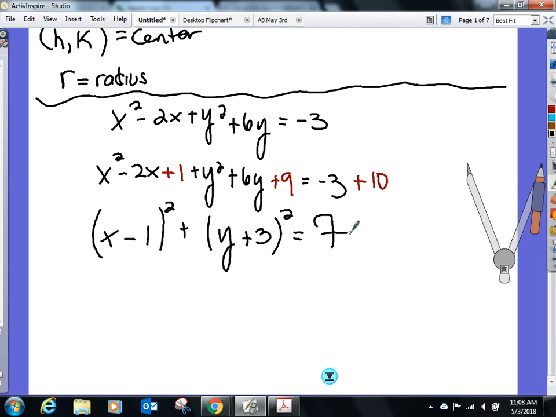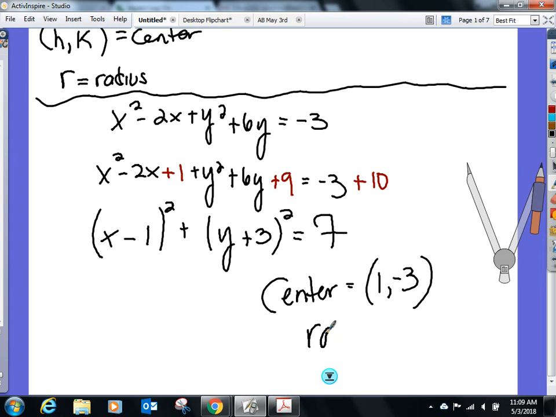Anything you want to ask so far before we find the center and the radius? Okay, let's first start with the center. What would be the center of this circle? 1, negative 3. If I'm going to get a positive 3, I must have plugged in negative 3.